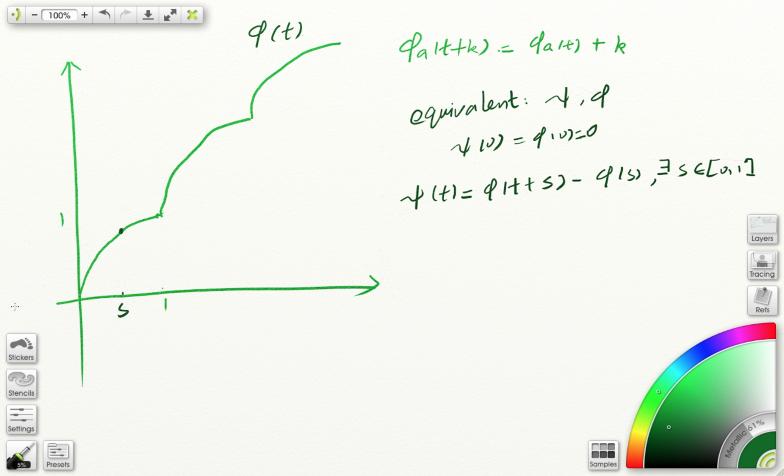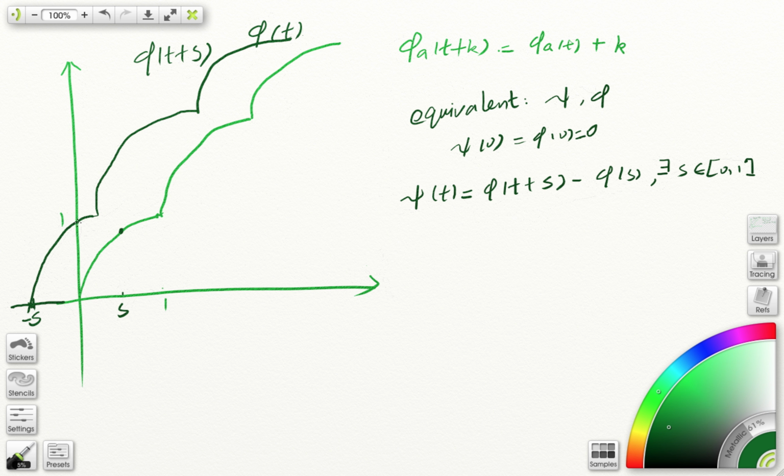It's just moving the whole function to the left by length s. So this is s, negative s, and we just shift it a little bit. We get something like this. This is phi of t plus s. So what is phi of t plus s minus phi of s?